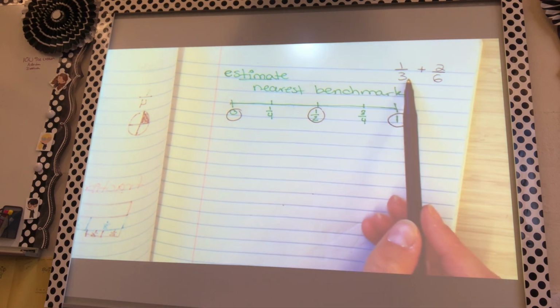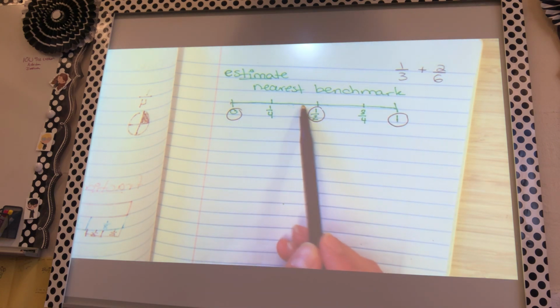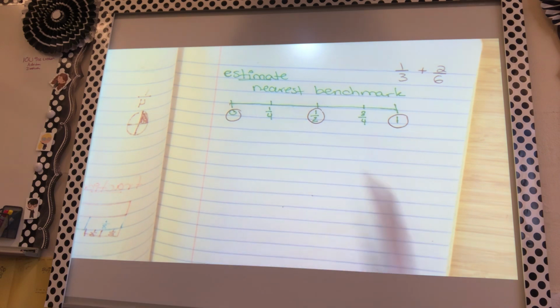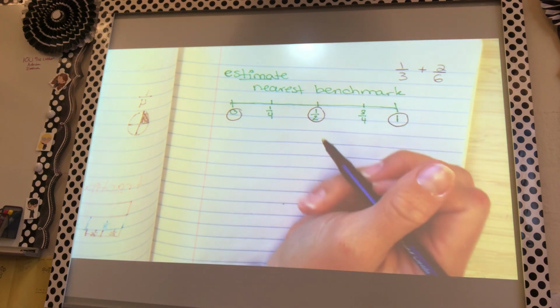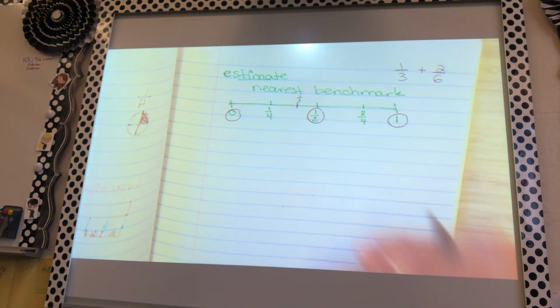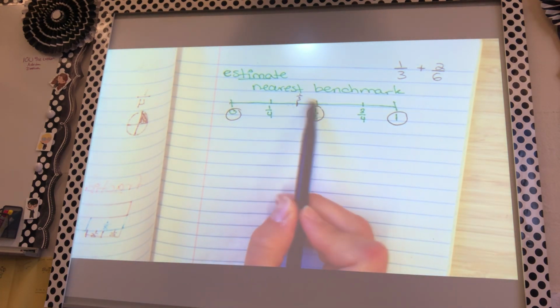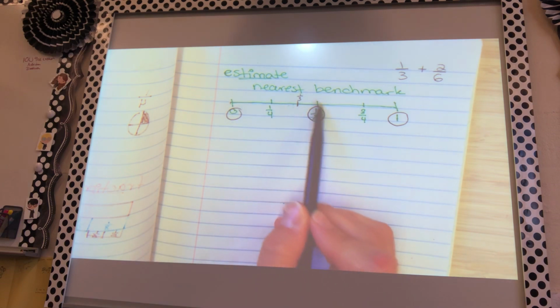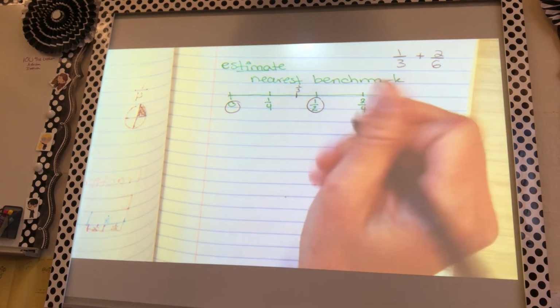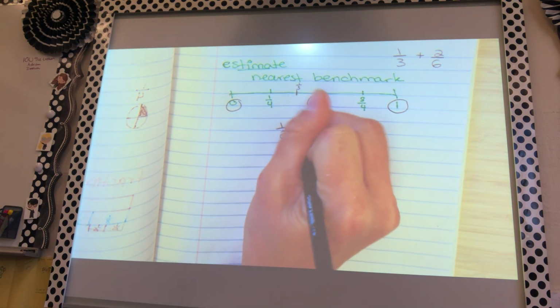So if I think about 1/3, where would that fall on my number line? Well, 1/3 is a bit bigger than 1/4, so I know that 1/3 is about here. So I can round up to 1/2 or down to 0. Well, it's closer to 1/2, so I would round 1/3 to 1/2.